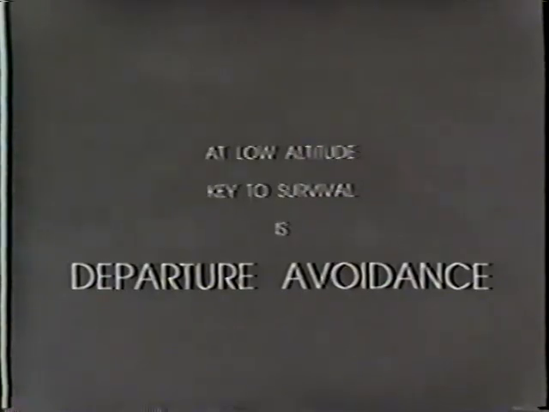Departure recognition and reaction times will be substantially increased due to pilot disorientation. Successful recovery from departure at low altitude is unlikely. At very low altitudes, even immediate ejection will not guarantee aircrew survival. In the low altitude environment, the key to survival is departure avoidance.